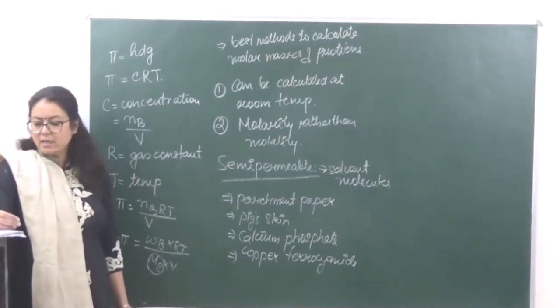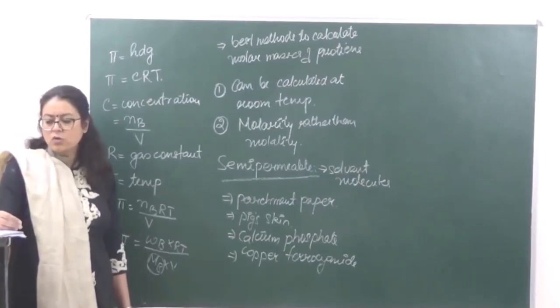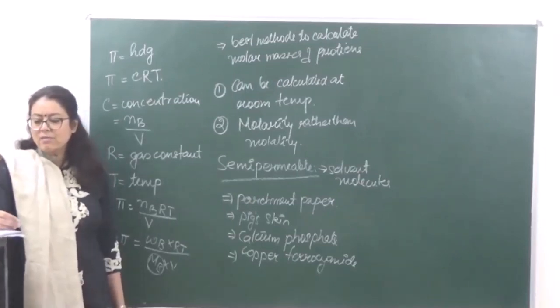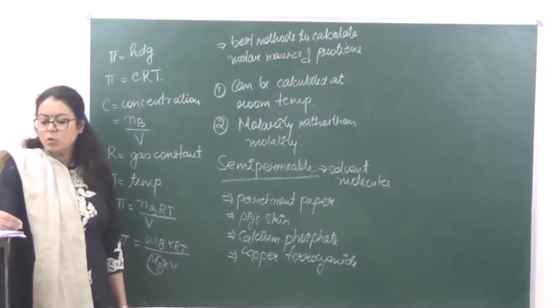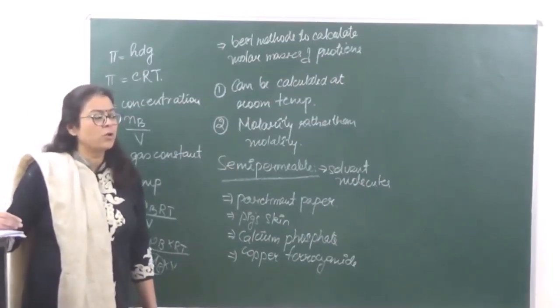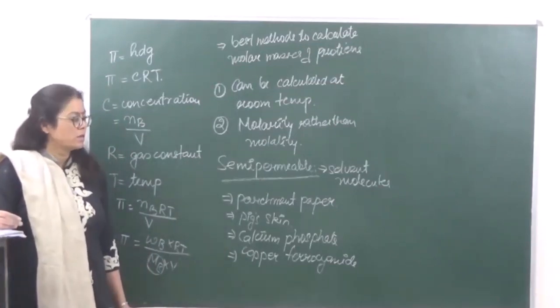That is the reason why a solvent can pass through a semi-permeable membrane, because the vapor pressure of pure solvent is going to be more than that of the solution.